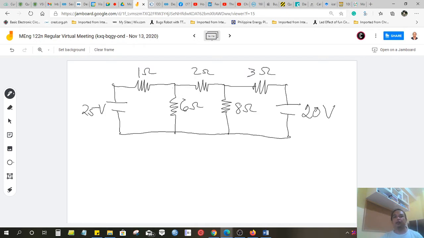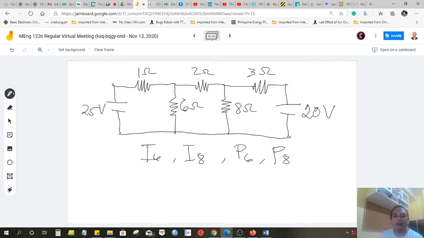Then what do we need to find? The power and the currents: I6, I8, the current I at 6 ohm, I at 8 ohm. Then the power at 8 ohm and at 6 ohm.